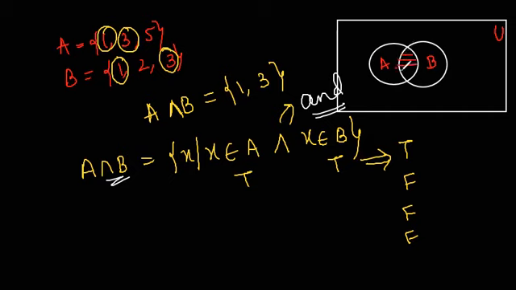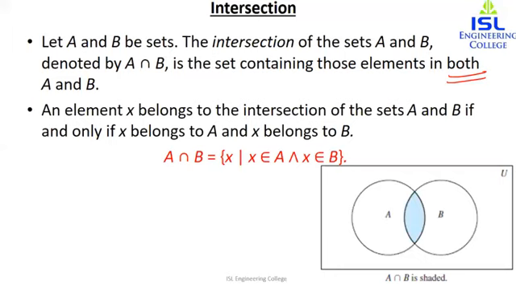It should not exceed that region which is common for A and B. Okay, so this is the Venn diagram for A intersection B. So intersection: an element X belongs to the intersection of the sets A and B if and only if X belongs to A and X belongs to B. For A intersection B, we are using the connective AND, and this is the Venn diagram for A intersection B.